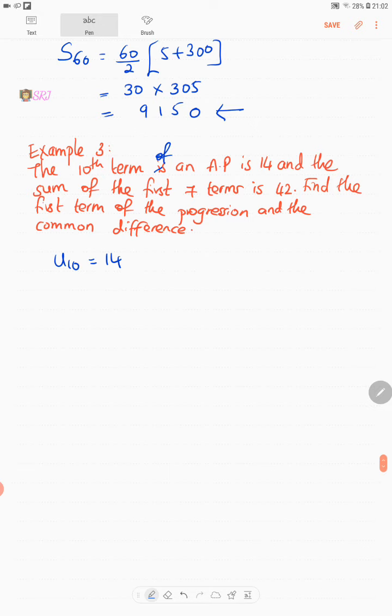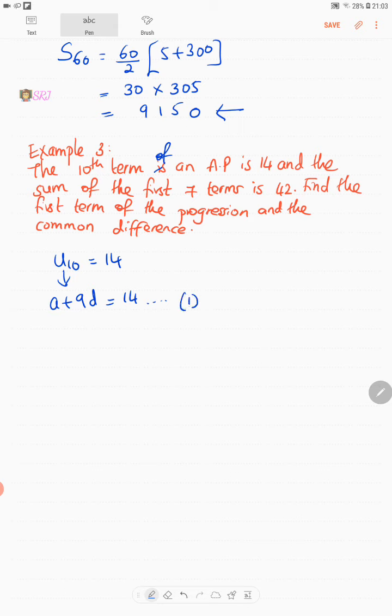So we use the formula for the 10th term, which is A plus 9D, which is equal to 14. We don't know the first term and the common difference, so we write them as A and D respectively. So this is equation 1.